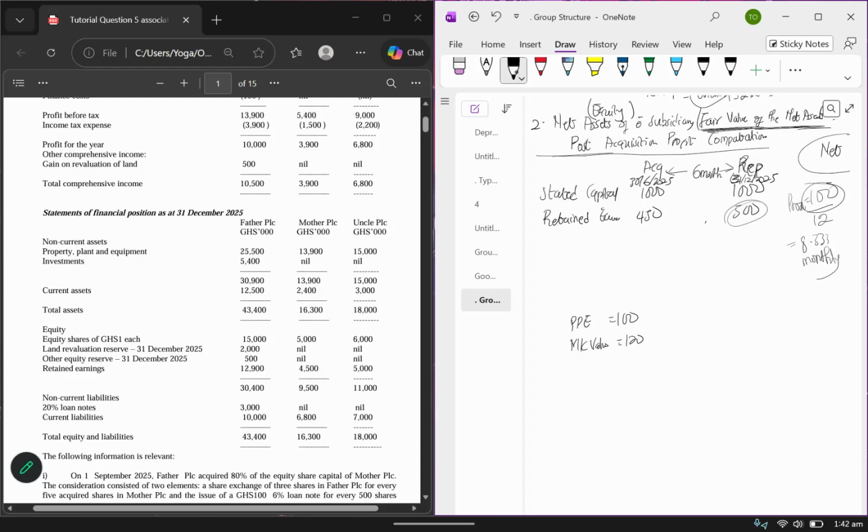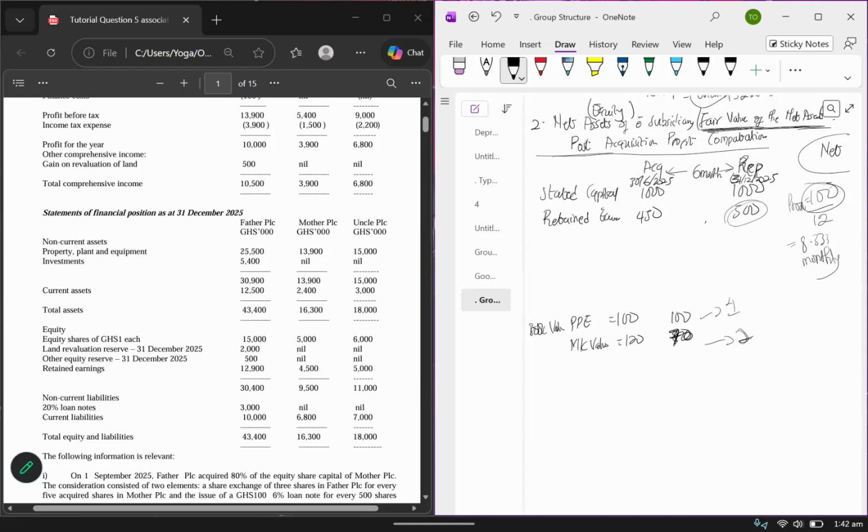Okay, there can be a situation where after the revaluation, instead of the book value of PPE being 100, you realize that it's 70. In these two different cases, case 1 and case 2, let me make this one case 1, and this one is case 2.